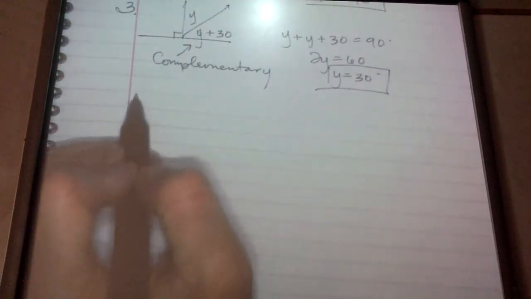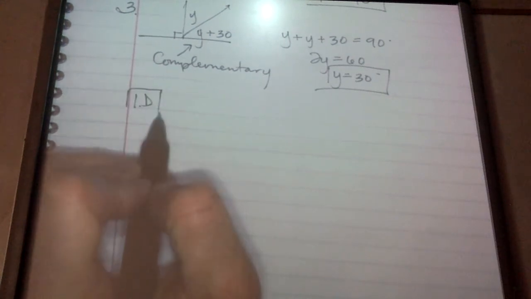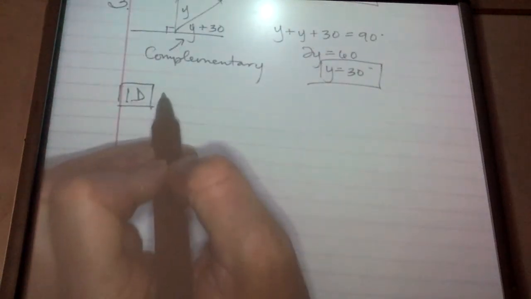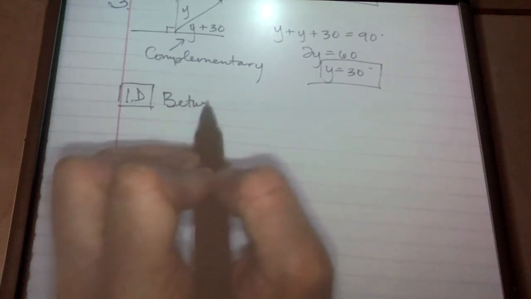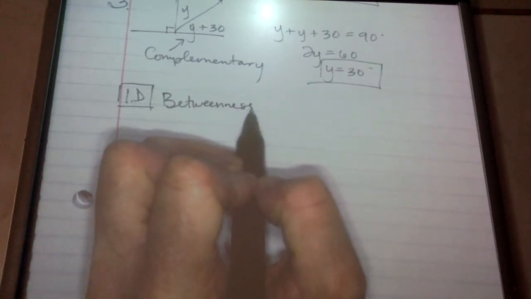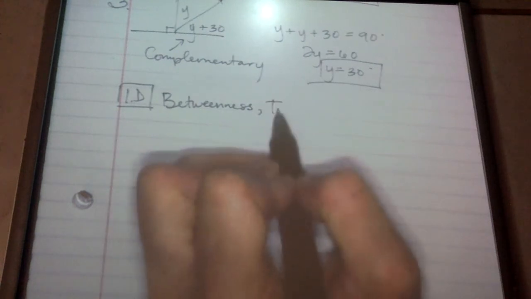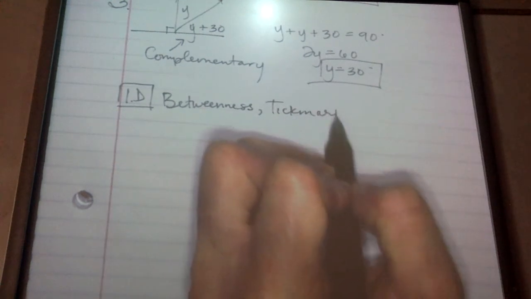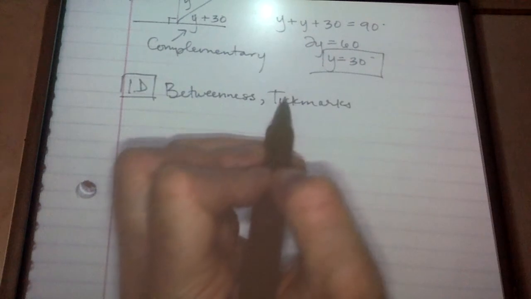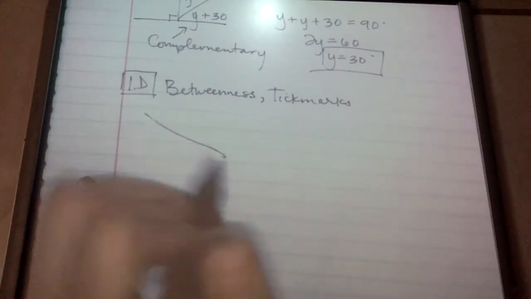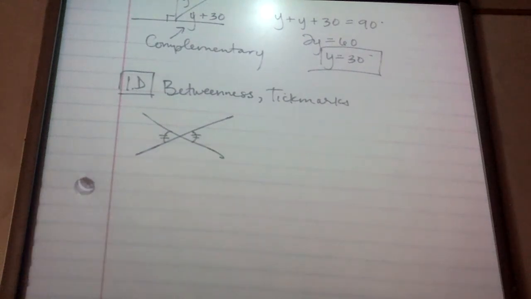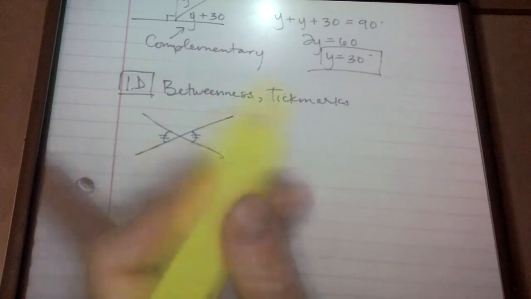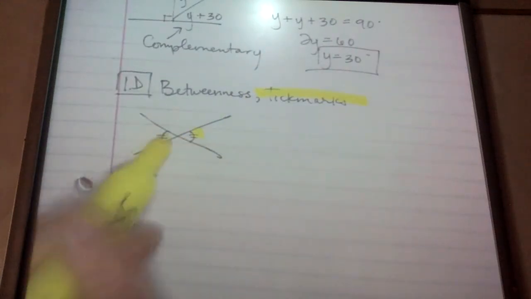1.D is going to be, they call it betweenness. And if you don't believe me, yes, that's what they titled it, and tick marks. So really the important thing I want to go over is the idea of tick marks. Tick marks are when you mark things with the exact number of tick marks. So these are these right here.